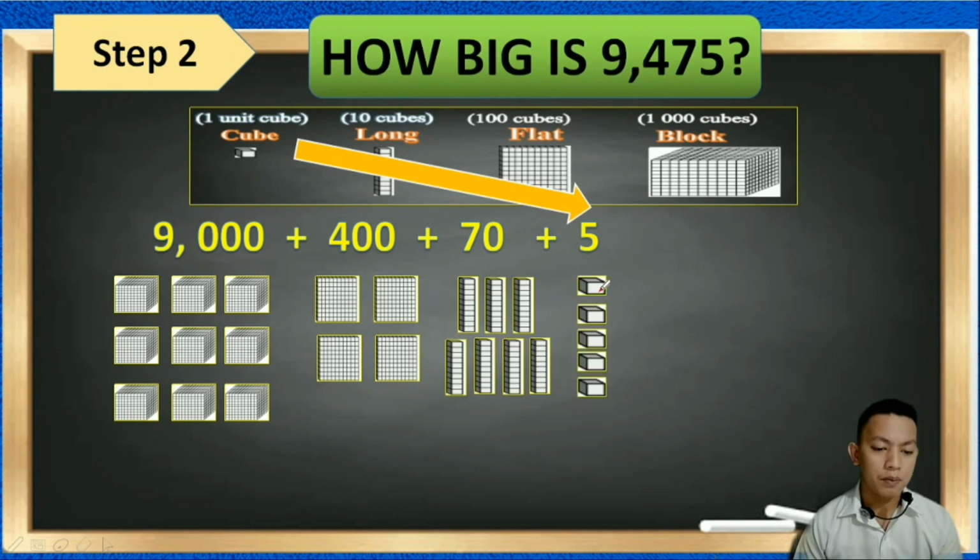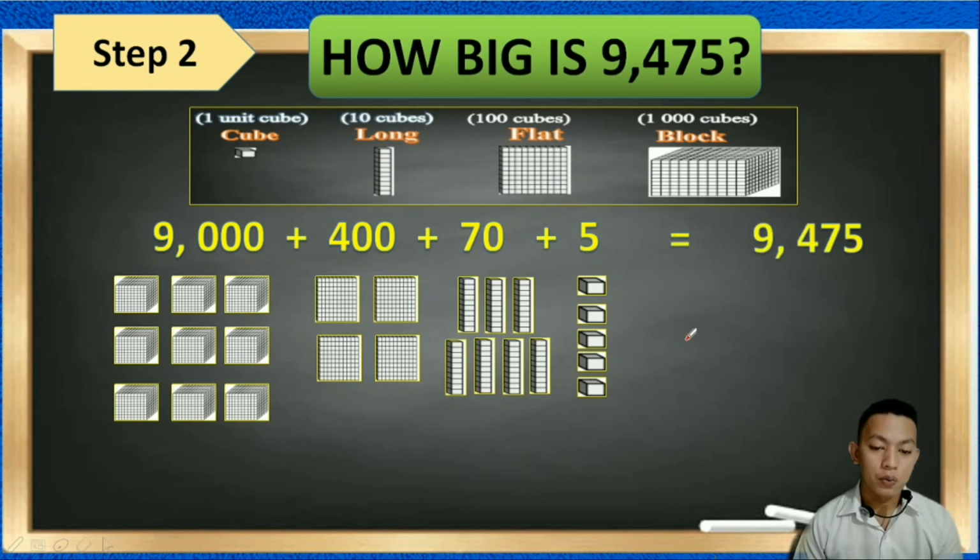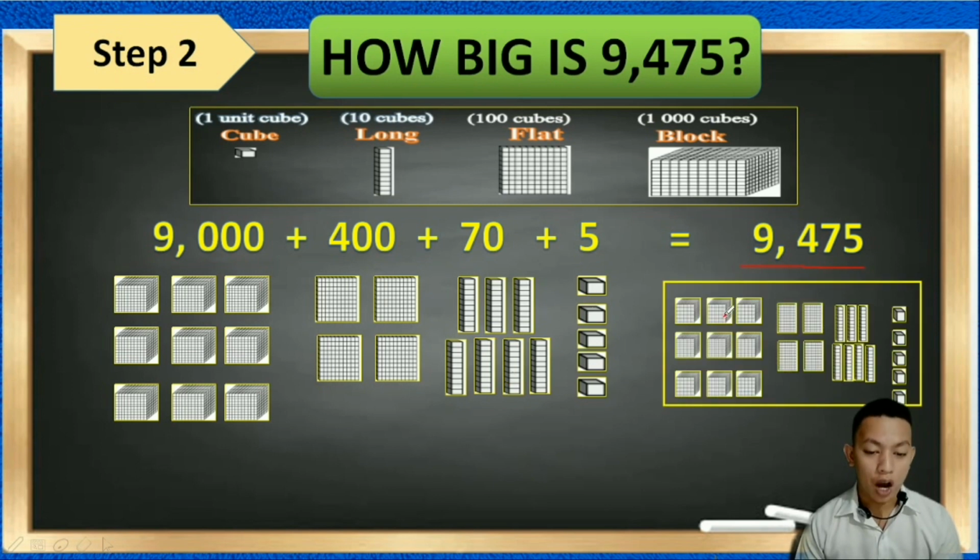So we have 5 because the equivalent value of a cube is 1. So we have 1, 2, 3, 4, 5. All in all, we have 9,475. What is the visual representation of 9,475? We have 9 blocks, 4 flats, 7 longs, and 5 cubes. Correct.